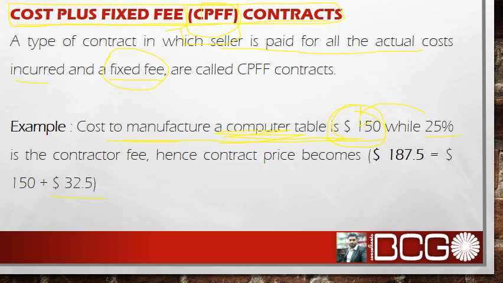So the total contract price becomes 187.5 US dollars for this particular example. Do memorize how you can find out the final contract price, because the exam may ask you to calculate this as per a given situation, like this example.